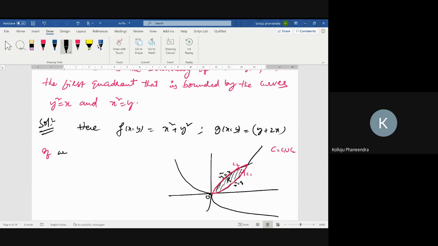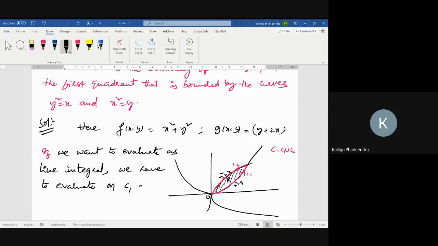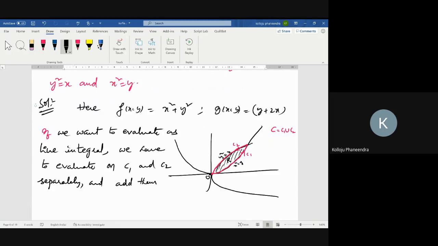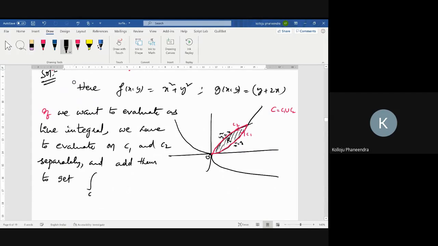If we want to evaluate it as a line integral, we have to evaluate on C1 and C2 separately and add them to get integral over C of f bar dot dr bar. This is the idea, as a line integral.